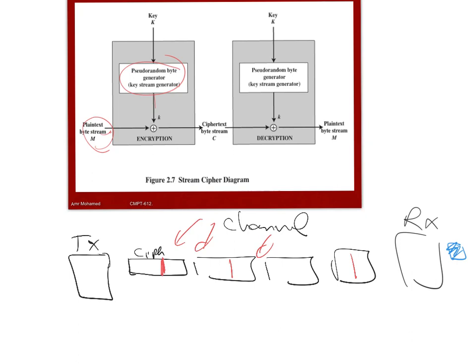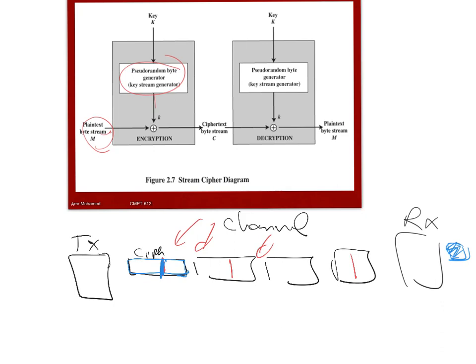Because in block ciphers, as we discussed, the block cipher is a result of many permutations and operations. So if you have one bit manipulated, the result in the decoded plain text will be enormous.